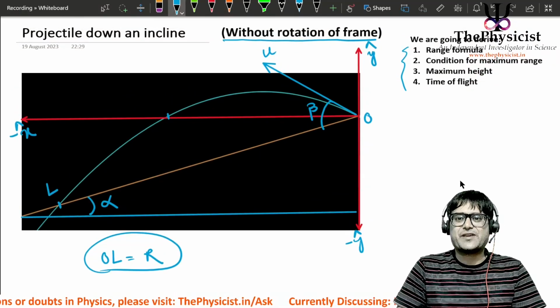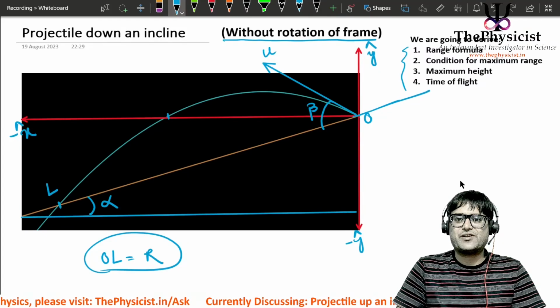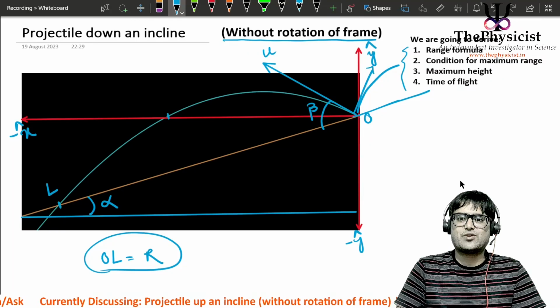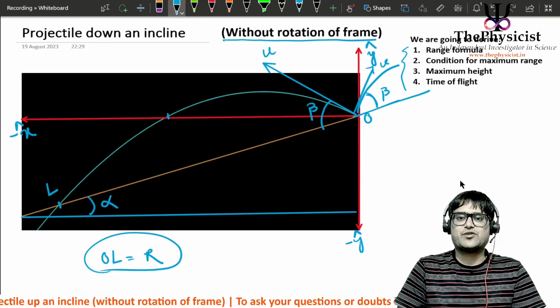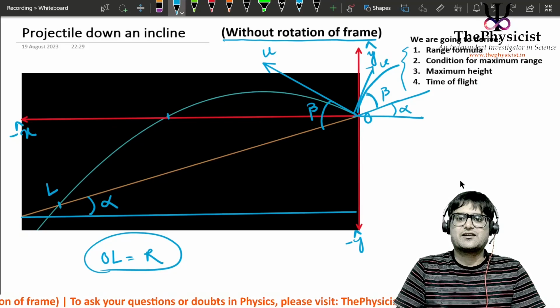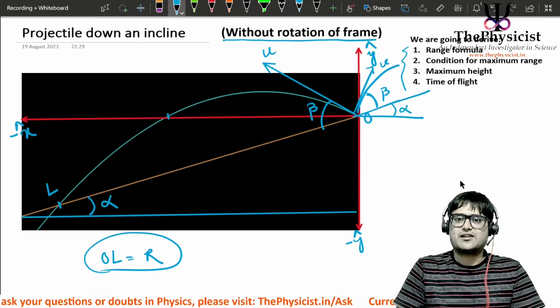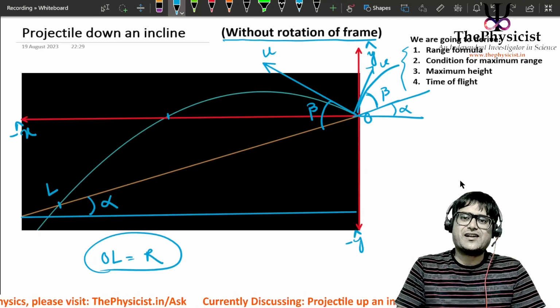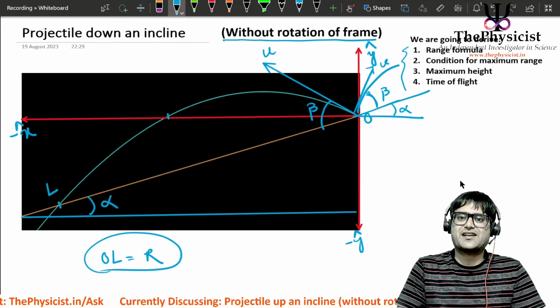So remember, in the previous case, we were throwing a projectile like this, right? And that was u, and this was the angle beta that the projectile made, and this was the angle alpha, right? Clear? And that was the up the incline case. So basically what is the direction of beta?